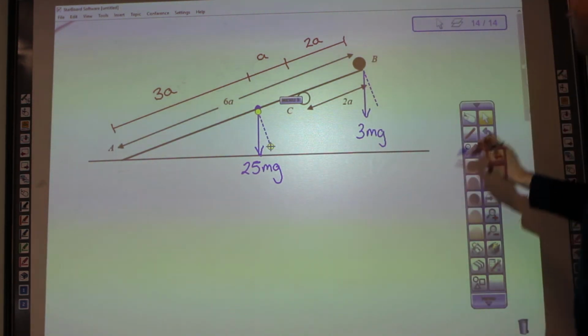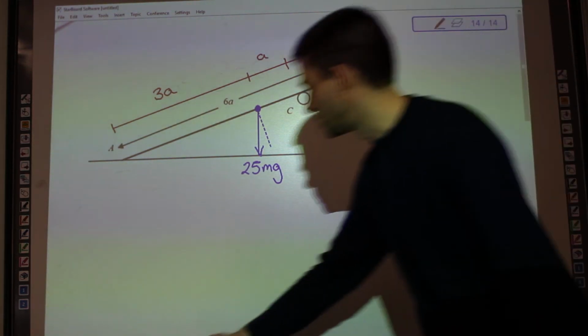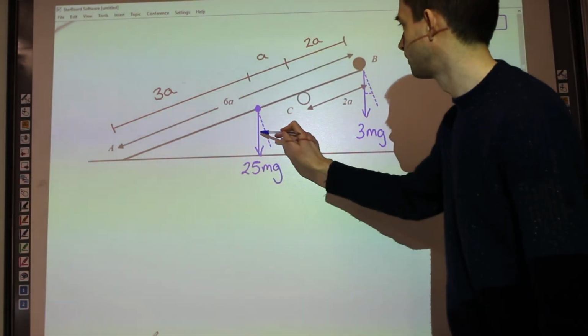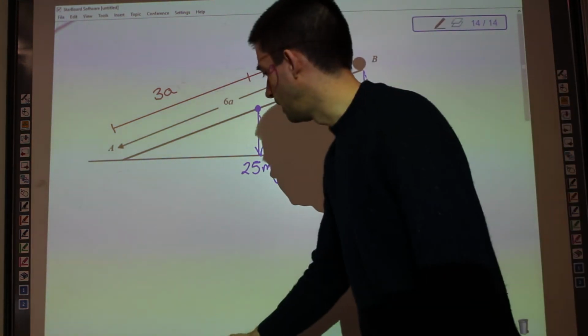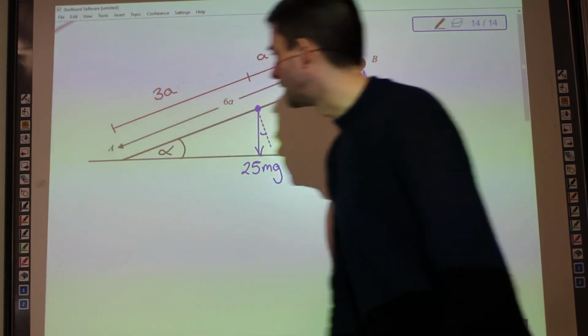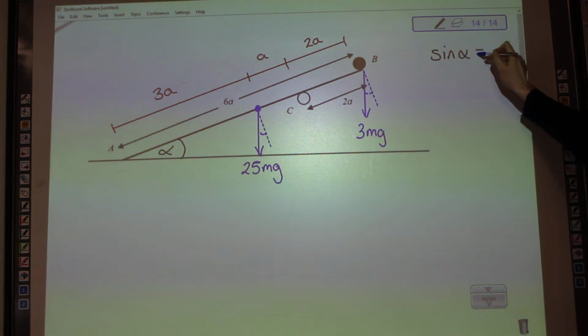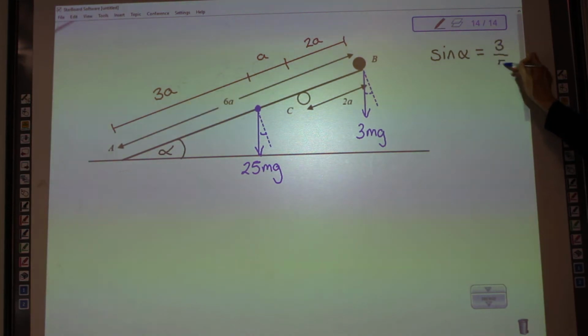There we go. Because I know that the angle in here is going to be the same as the angle here, which I've been told is alpha, where sine alpha equals 3/5.